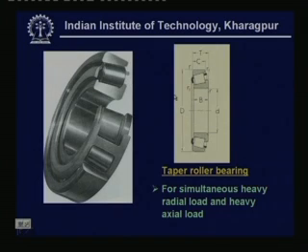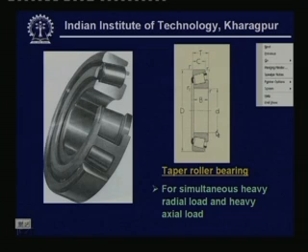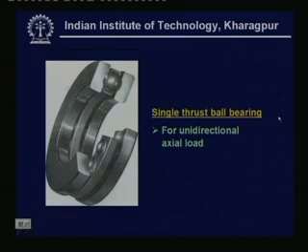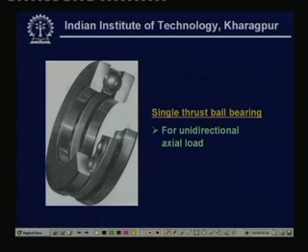Suppose this is in the housing and the load is falling onto it. So, these are the tip positions over which this particular bearing can rotate. So, these are used for single thrust ball bearing for unidirectional axial load only.